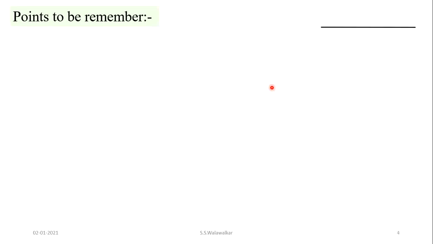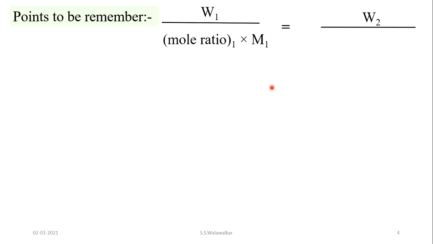And if two different electrolytes are connected in series, then also you can find out the mass of the substance, because the masses of the substances deposited at the respective electrodes are related by this relation.